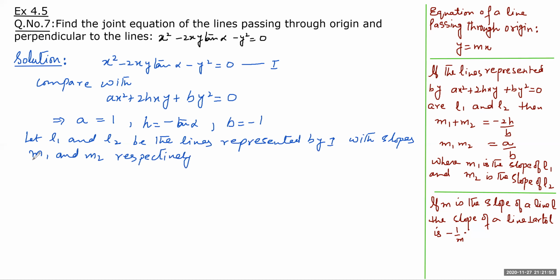That is, the slope of L1 is m1 and the slope of L2 is m2.